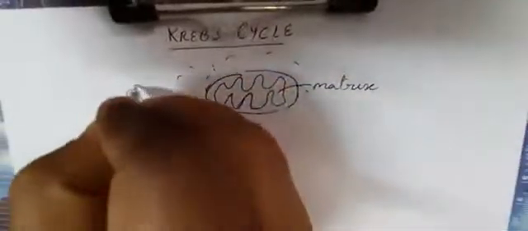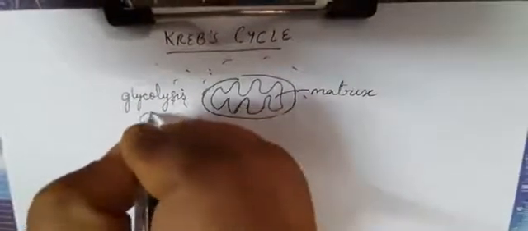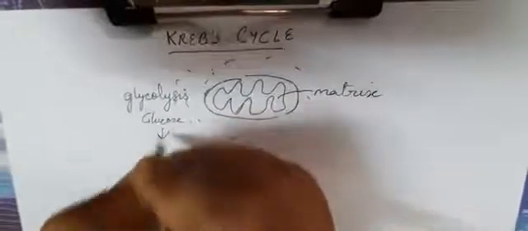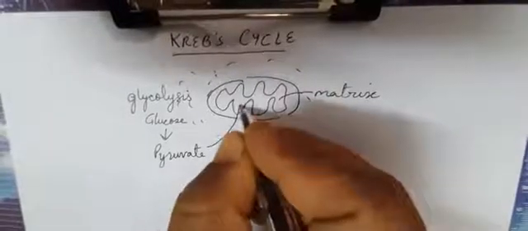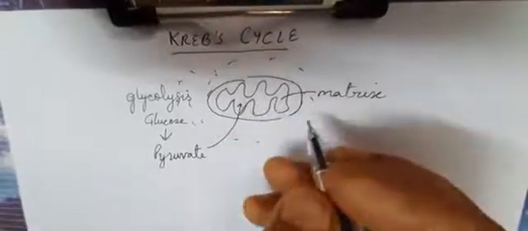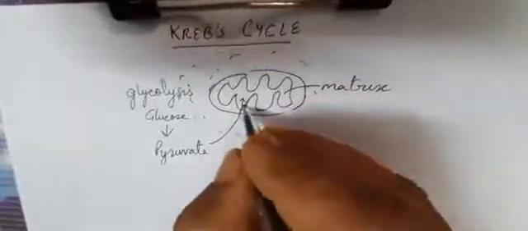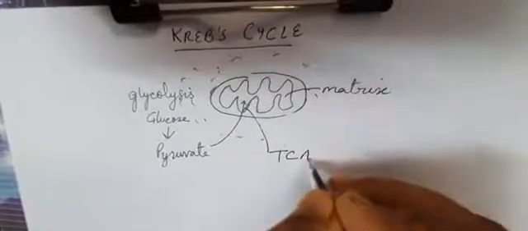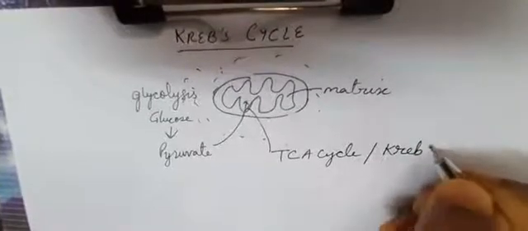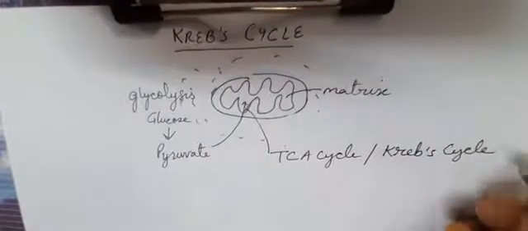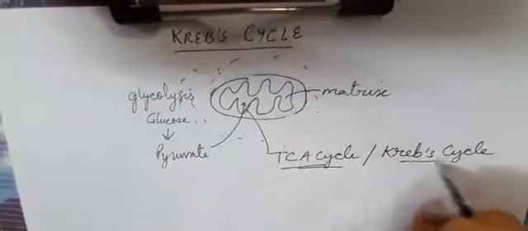In the cytoplasm, glycolysis will take place, in which glucose is converted to pyruvate, and this pyruvate enters into the mitochondrial matrix, and in this mitochondrial matrix the TCA cycle, or we also call it Krebs cycle, takes place. So today we will be studying about the TCA cycle or Krebs cycle.